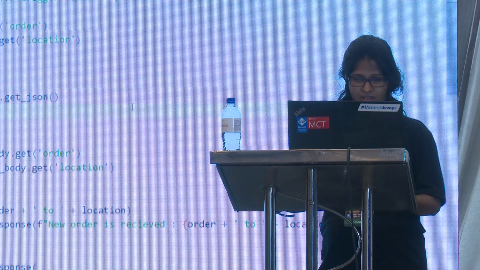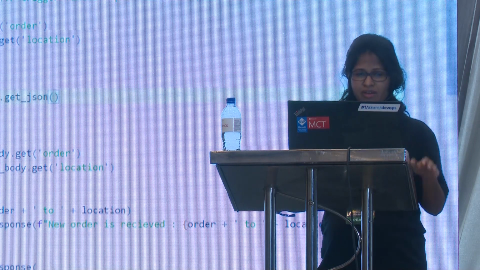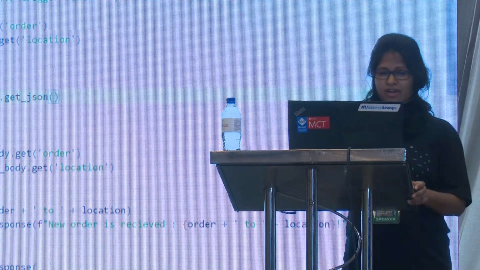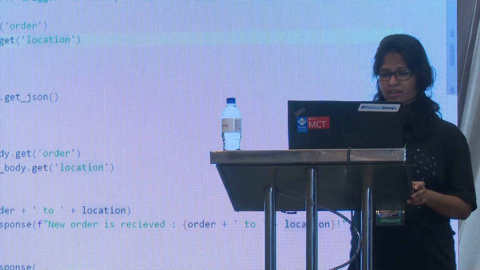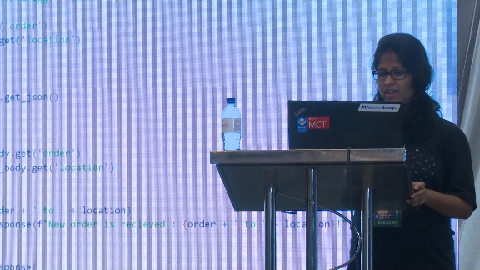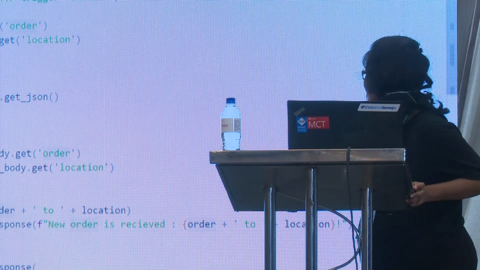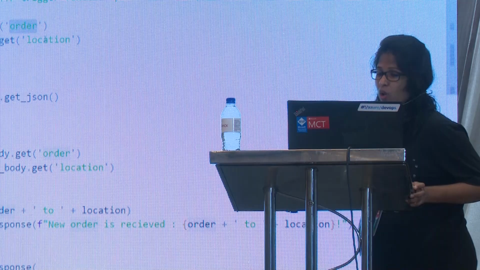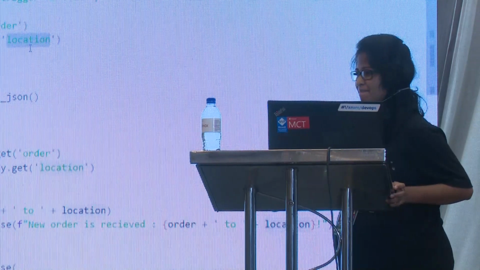Save. Okay. So in here, what I am going to check is the request parameters. That means in the query string, I am checking for the order and location parameters.